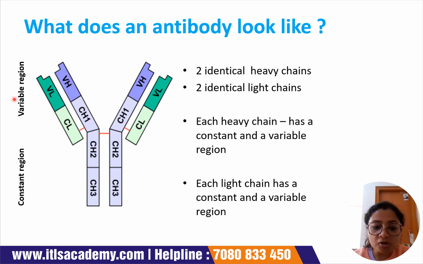On the upper side we basically have the variable regions, and on the lower side of the Y-shaped structure we have the constant regions. Variable regions and constant regions are common to both the heavy chains and the light chains.